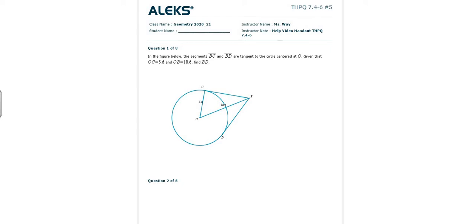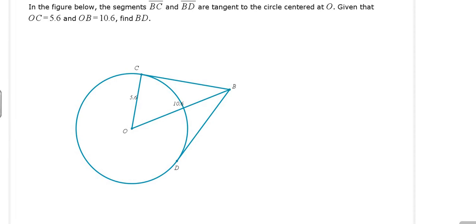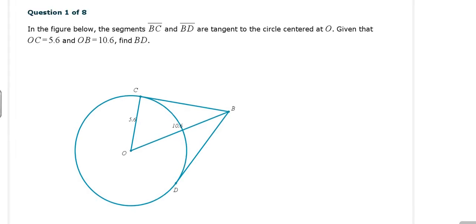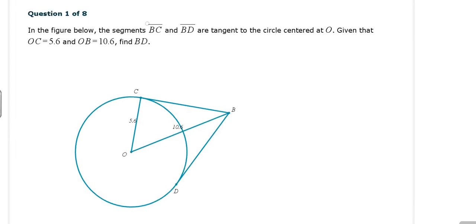This is the help video for the take-home practice quiz 7.4 through 6. Taking a look below, it says in the figures below, segments BC and BD are tangent to the circle, and the circle is at O, which implies O is the center of the circle.